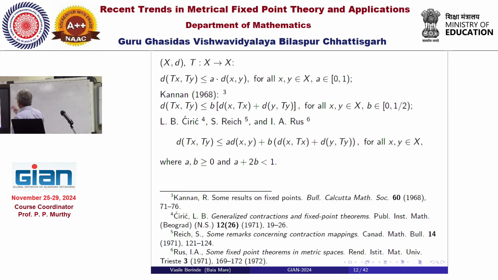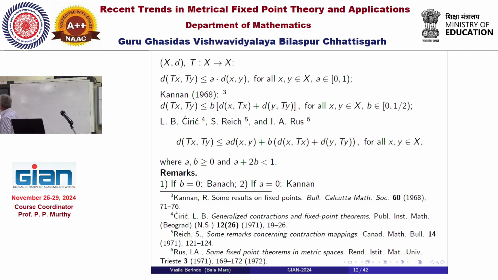All these three mathematicians unified Banach's and Kannan's fixed point theorems to get the same conclusion. A map which satisfies this condition in a complete metric space has a unique fixed point, and we can approximate this fixed point by Picard iteration.